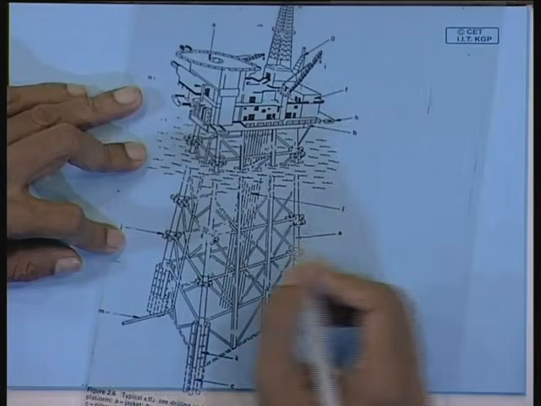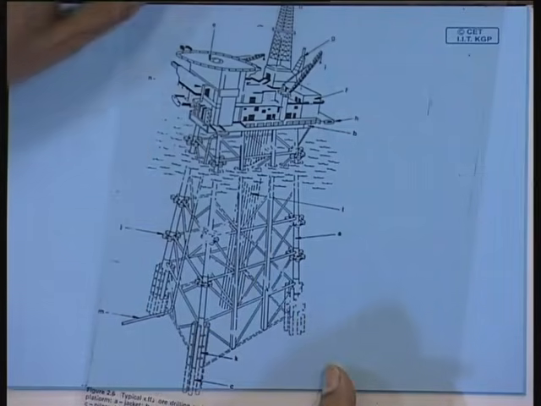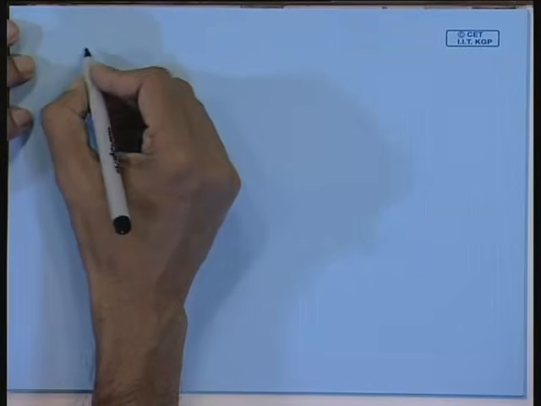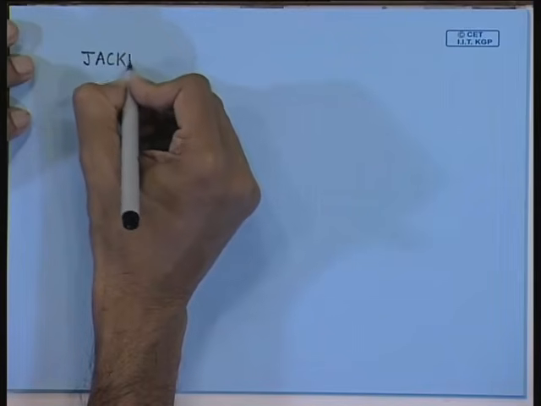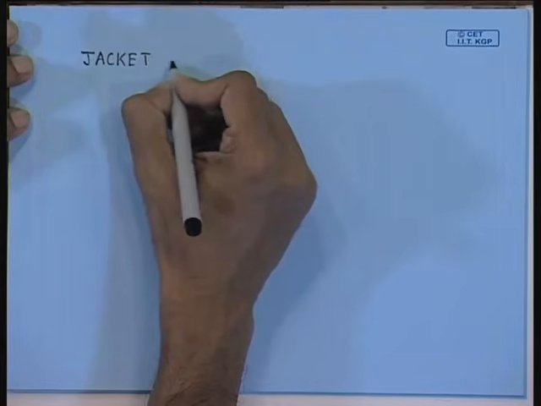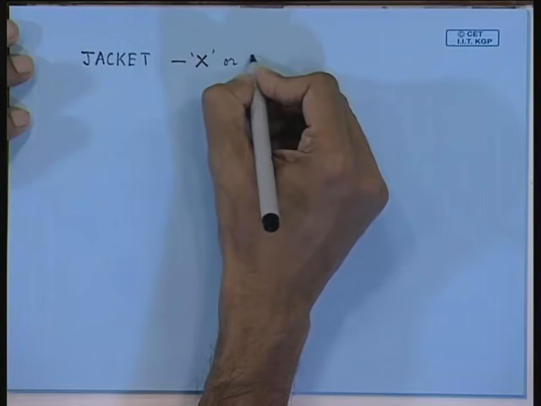Normally the bracings you will find are X or K bracings. So you do not have bracings in a random way like this. In a jacket platform, you go either for X type of bracings or K bracings.